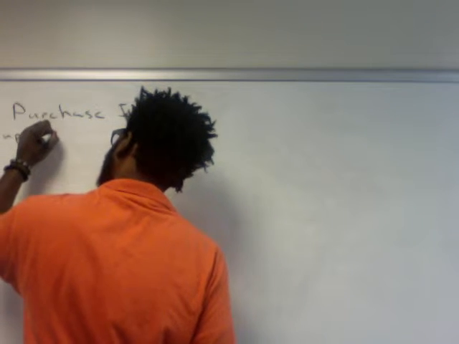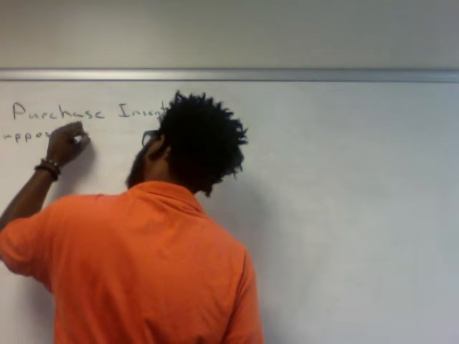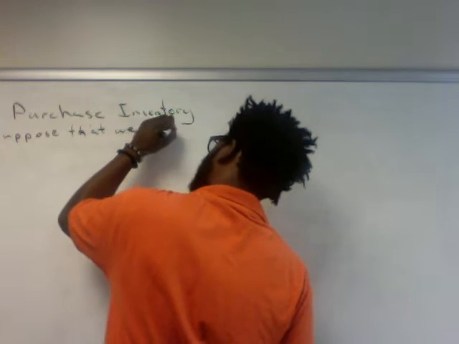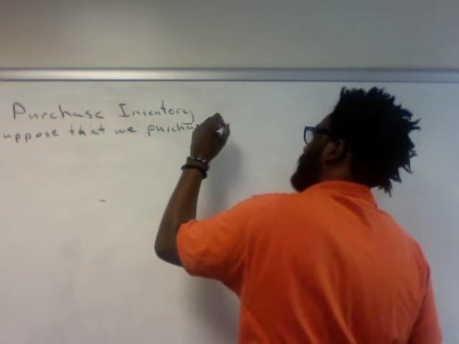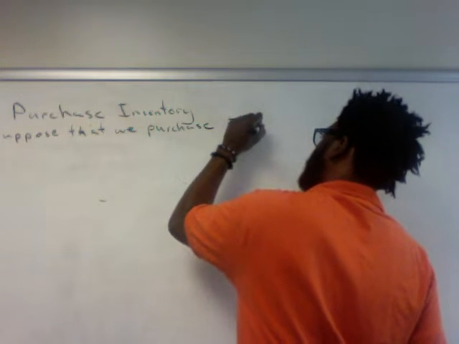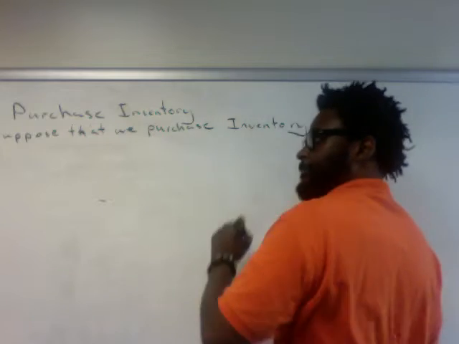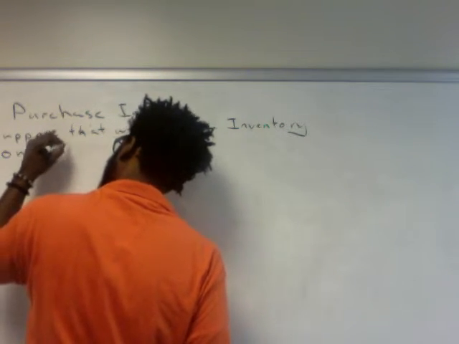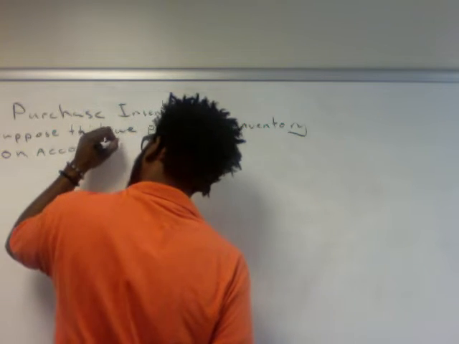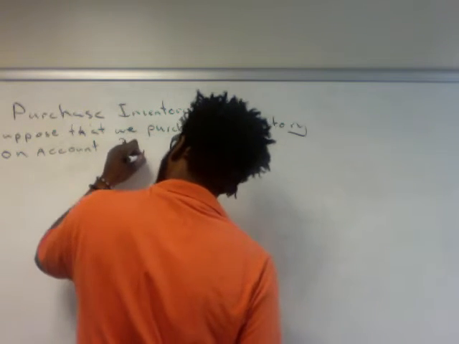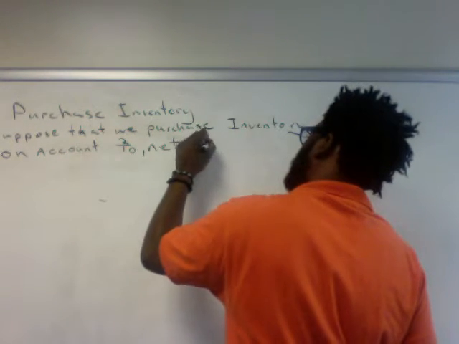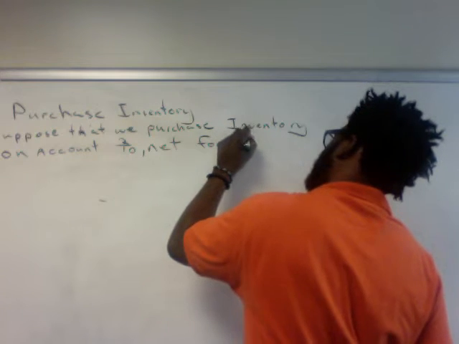Let's say, suppose that we bought, let's say, purchase inventory on account 2/10 net 30 for let's say $10,000.